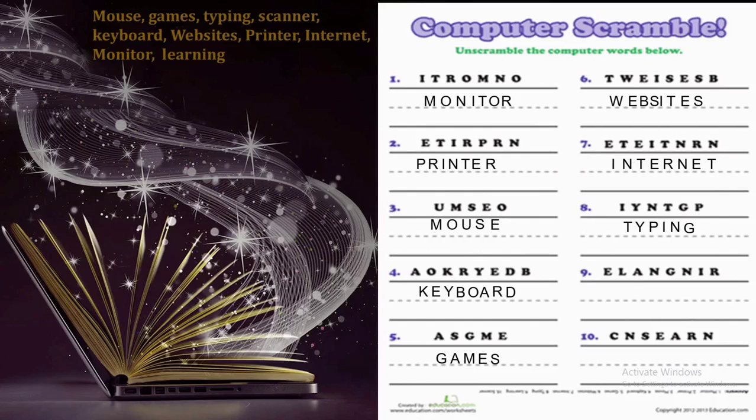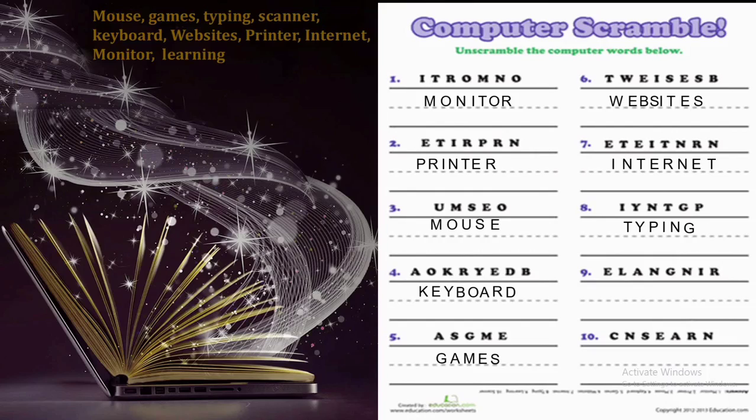For example, I think about typing: we type using the keyboard. We are typing letters, words, numbers on the computer. So it is easy to think about these words, and you have to make a sentence. It is easy for you.